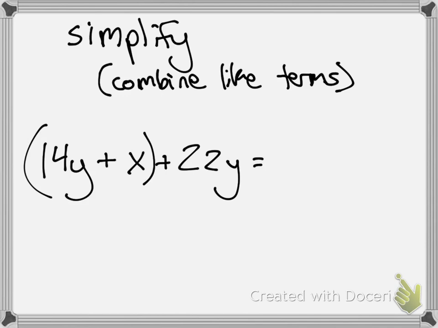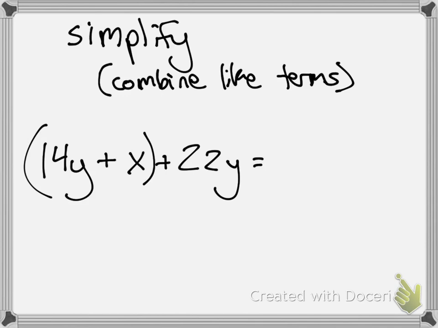14y plus x. Can I add things with different variables if I don't know what the answers are yet? No, I cannot. But what can I add in this problem? Yes, I can add my y plus y.